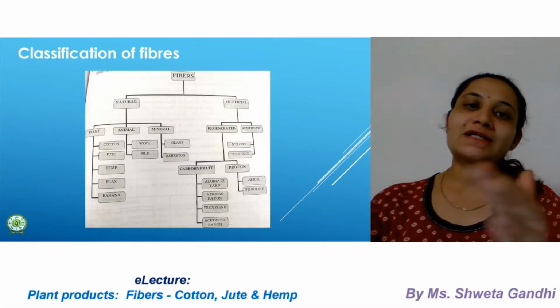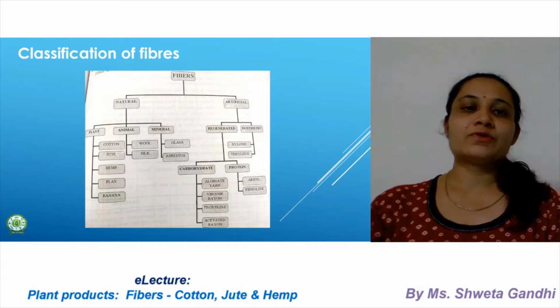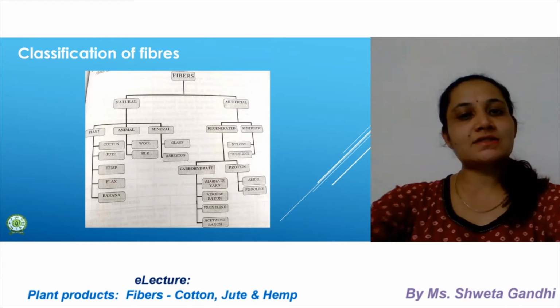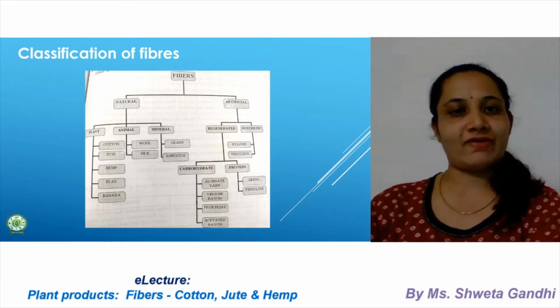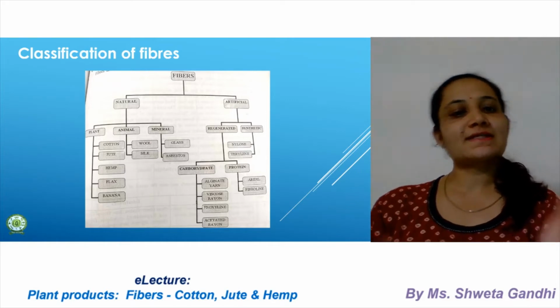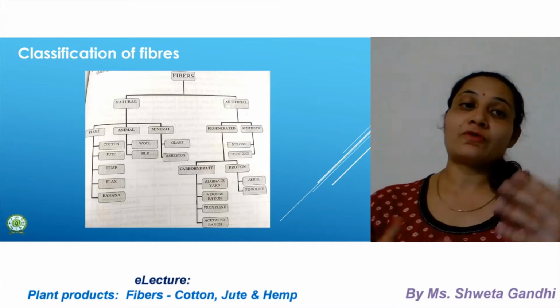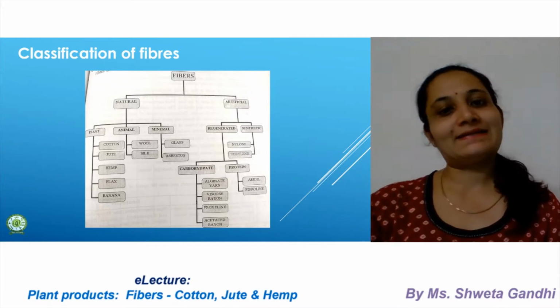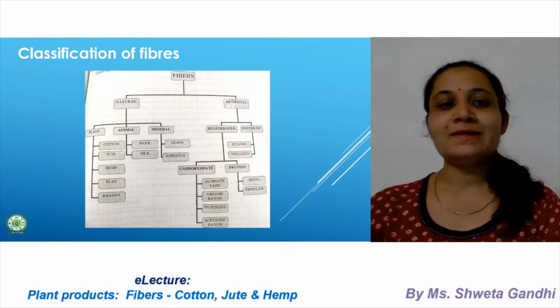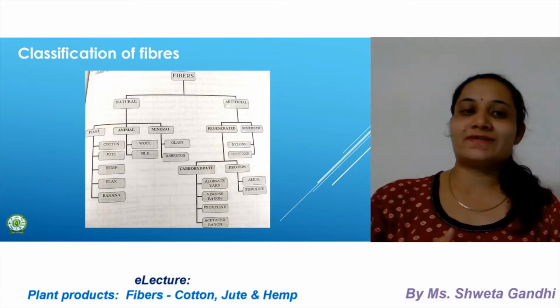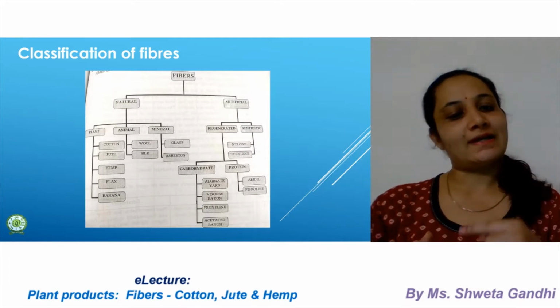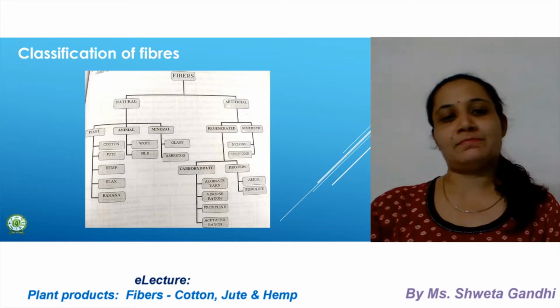Now, the classification of fibers. We should be clear that this is the whole classification of fibers: natural fibers and artificial fibers. Natural fibers come from natural sources: plant, animal, and mineral. In plant, for example, cotton, jute, hemp, flax, and banana.